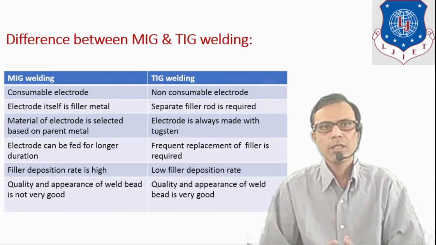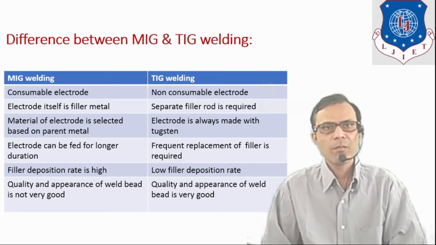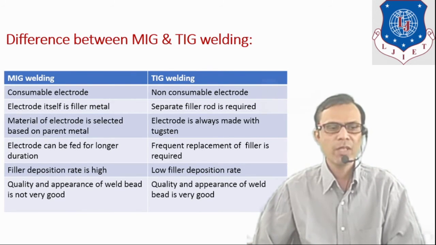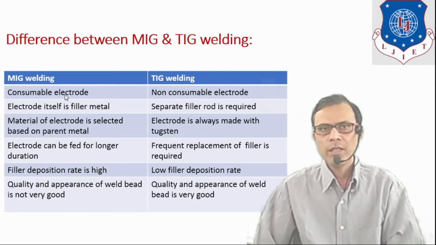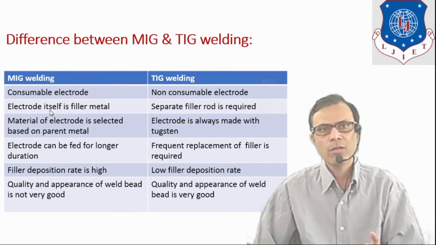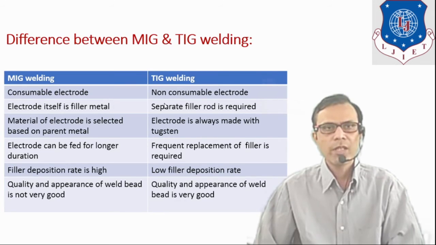Now let's see the comparison between MIG welding and TIG welding. So first point for MIG welding is that in this process consumable electrode is used. In TIG welding it is non-consumable electrode. In case of MIG welding, always electrode is itself a filler material, but in case of TIG welding, separate filler rod is required.